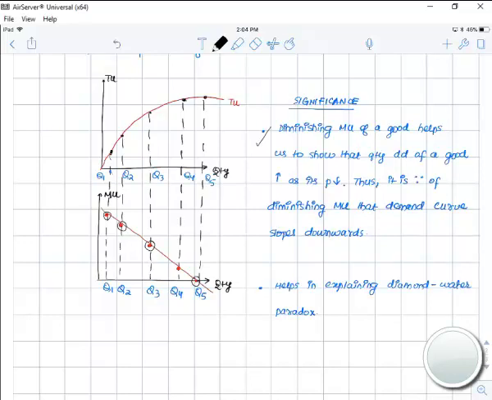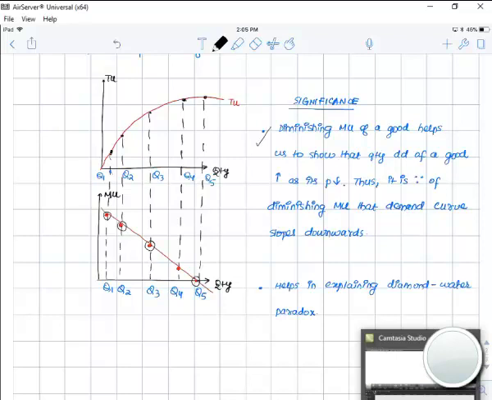Now, water is available in abundant supply, so its relative marginal utility is very low, and because of that, price is low or even zero. But diamond is a very, very scarce commodity, so its relative marginal utility is very high, and this explains why its price is also very high, right?